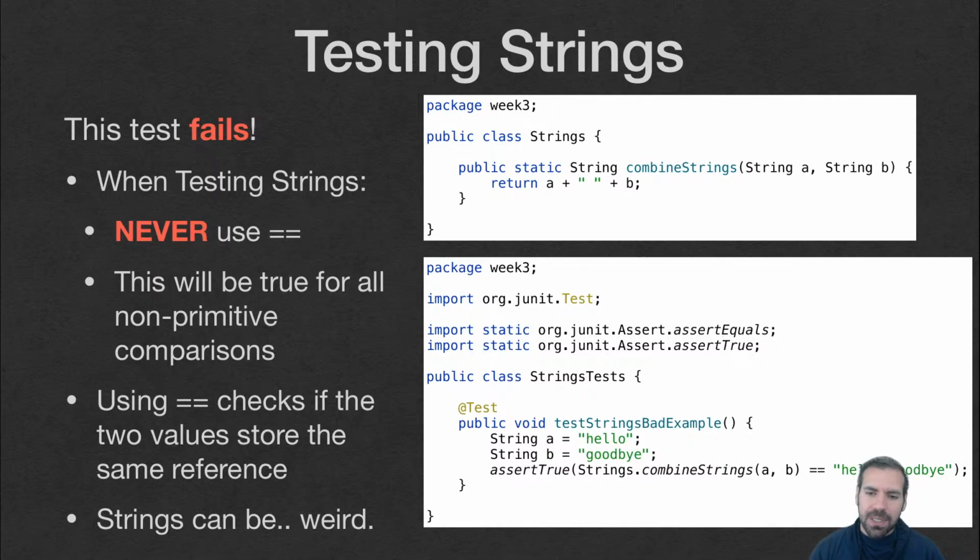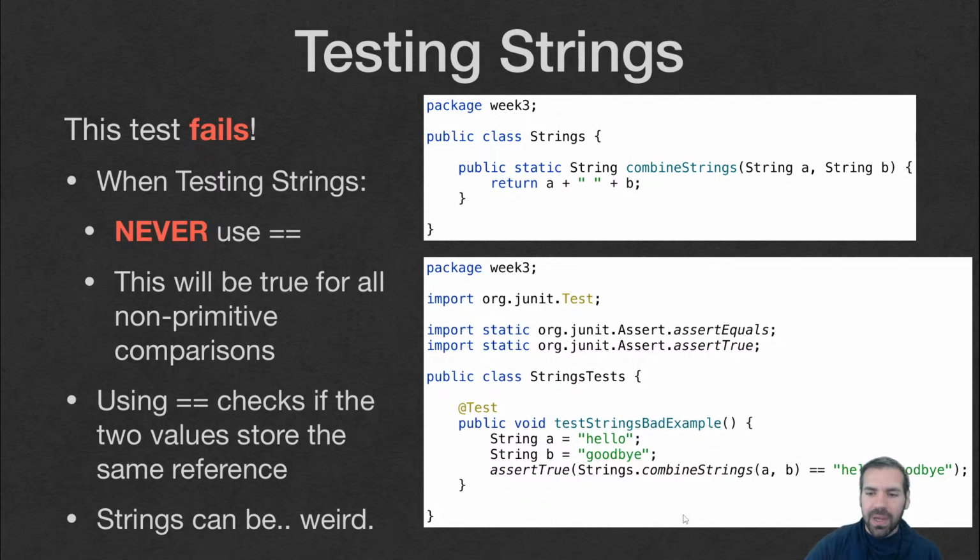This is the one exception where that does bite us a little bit. Because String starts with a capital S, that means this is actually an object on the heap, which means A and B both store references to those objects as their values.